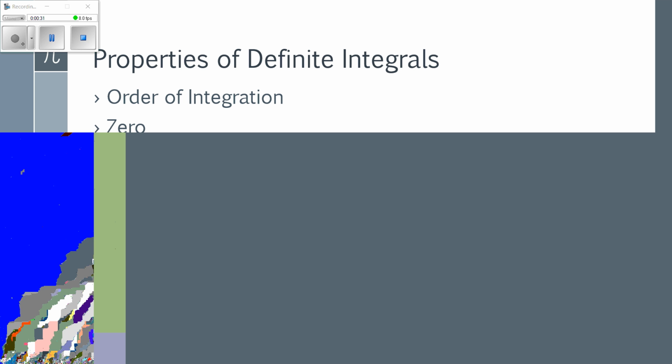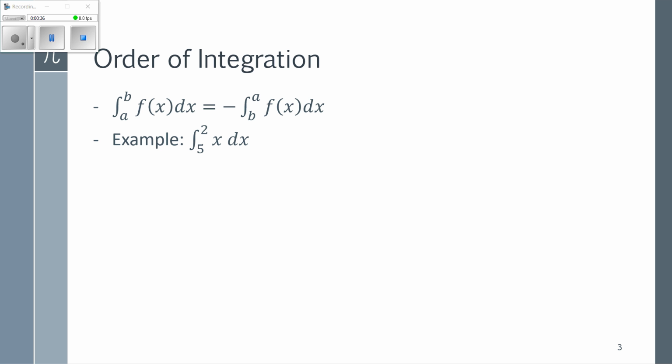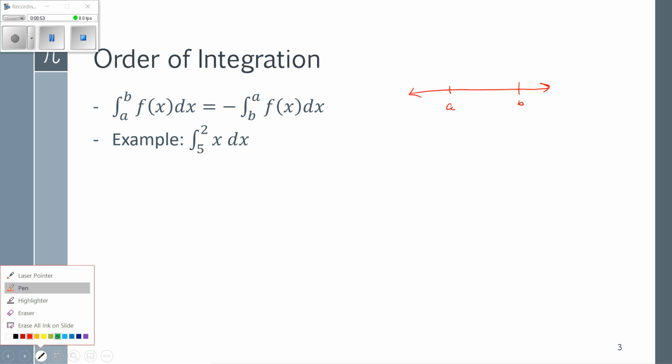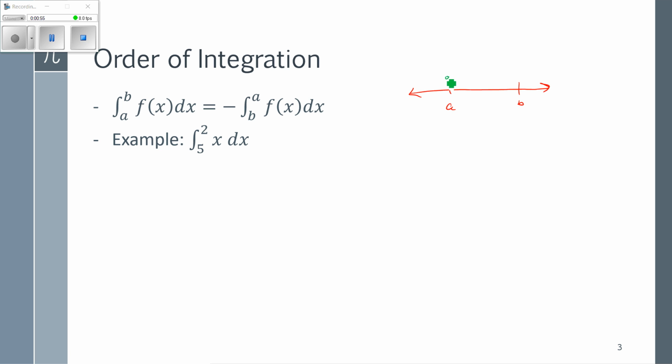Some notable ones, though, are, for example, the order of integration. The order of integration says that the integral from a to b of f of x with respect to x is equal to the negative integral from b to a. The idea of this would be if I were to draw a number line and say, here's a, here's b, the normal way of approaching it is I'm saying I'm starting at a and I'm going to b.